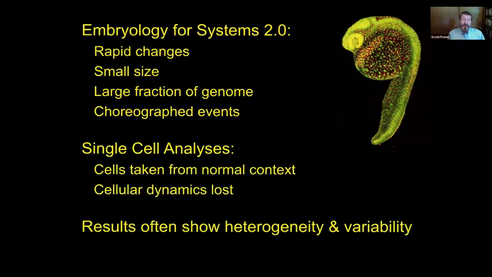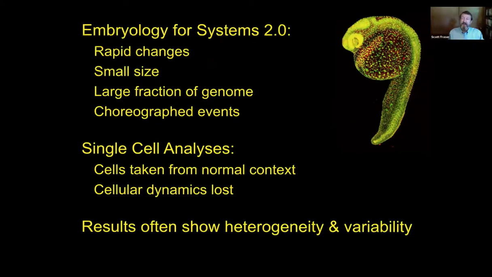Now, most people recently have been doing single cell analyses, and these single cell analyses are very powerful. They can tell us about the transcriptome or the proteome inside of the cells. But most of these analyses involve taking the cells out of their normal context. And when they're out of their normal context, we, of course, don't see their normal neighbors.